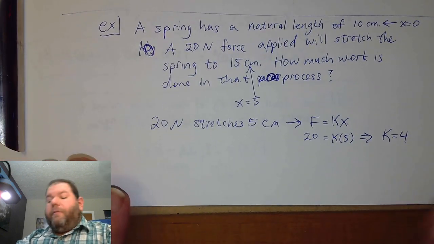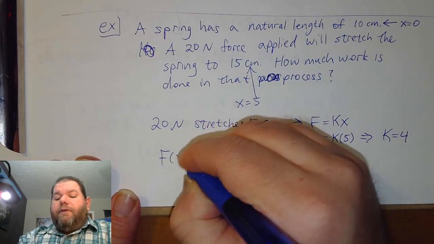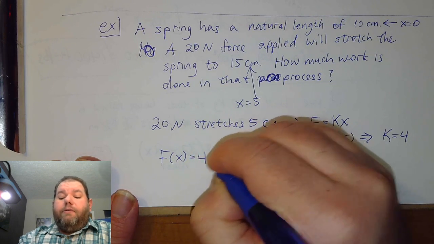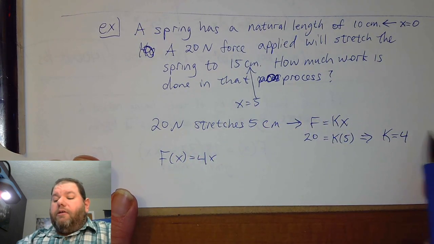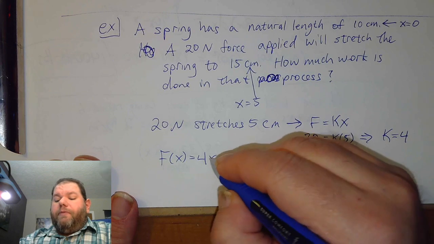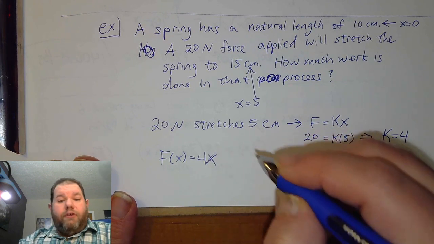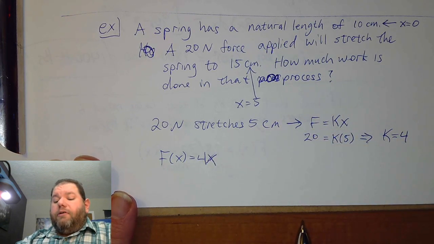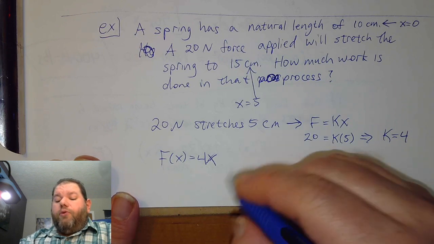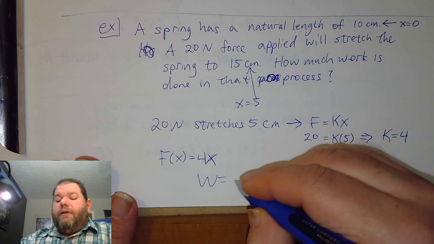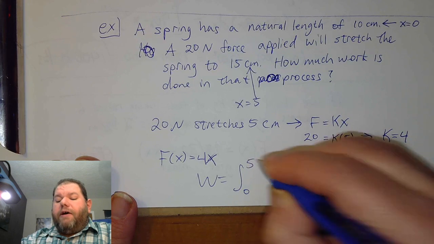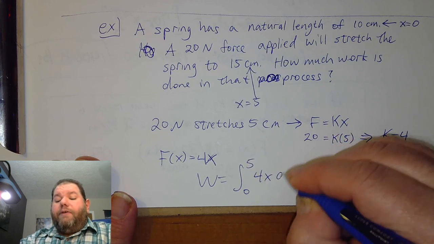So f of x equals 4x based on that. That's our variable force formula. And so the work done is equal to the integral from 0 to 5 of 4x dx.